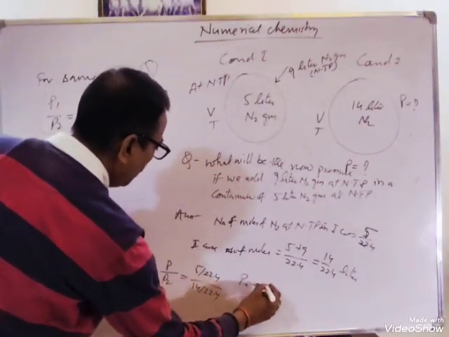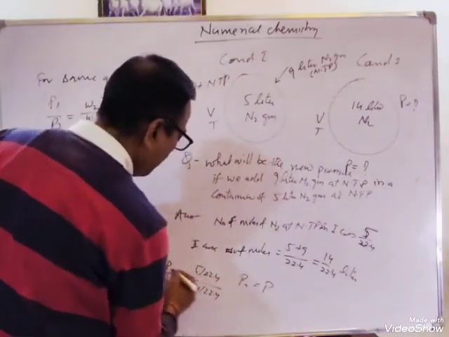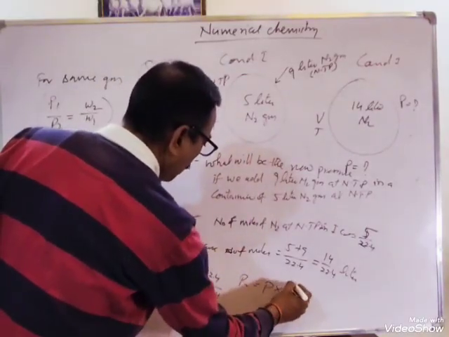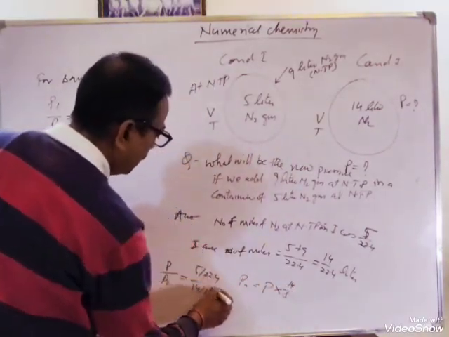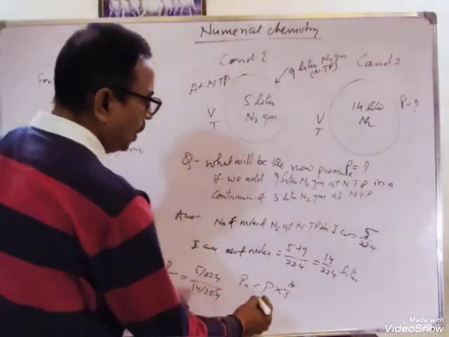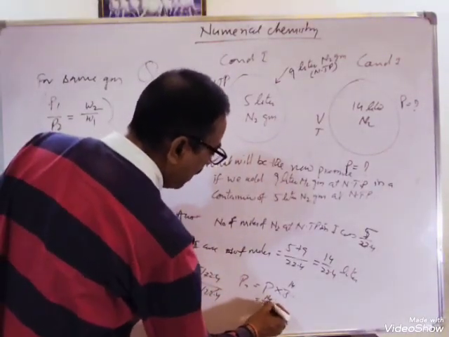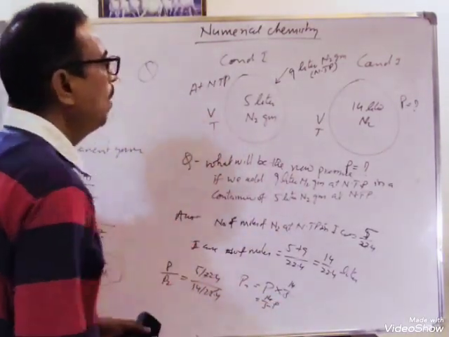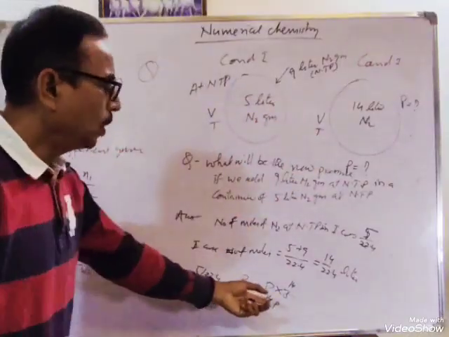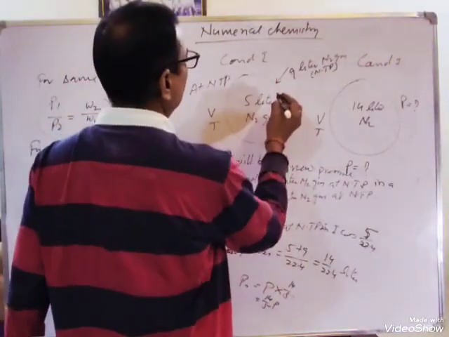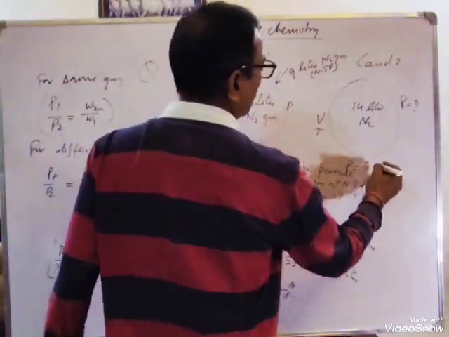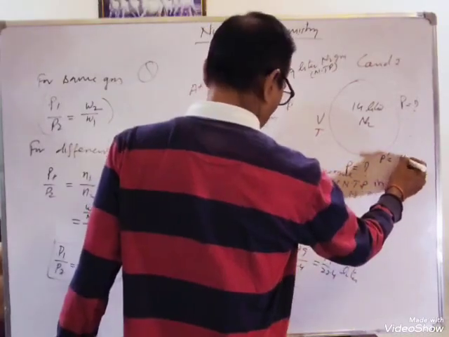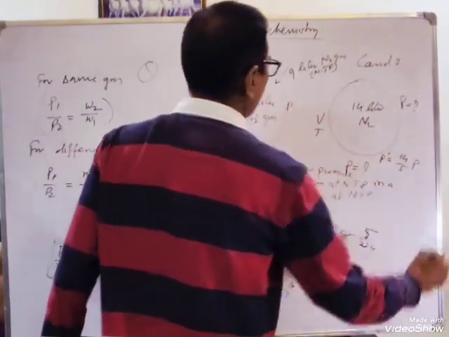So the P2 value will be P into 14 by 5. So the new pressure will be 14 by 5 P. If the pressure here is P, the new pressure will be 14 by 5 P.